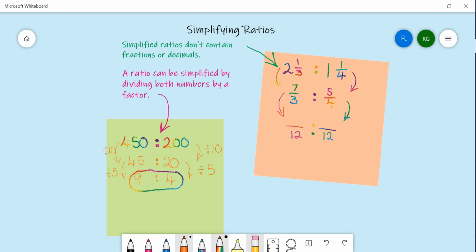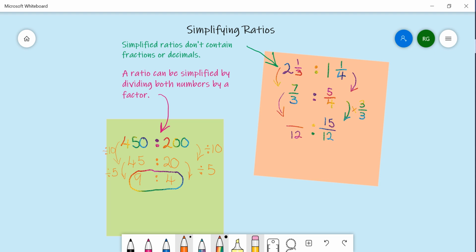Now, in order to get the bottom number here to become a 12, we need to multiply it by 3. So we're actually going to times it by 3/3, which is 1. And that way, as you'll remember from doing your fractions, we get 15/12.